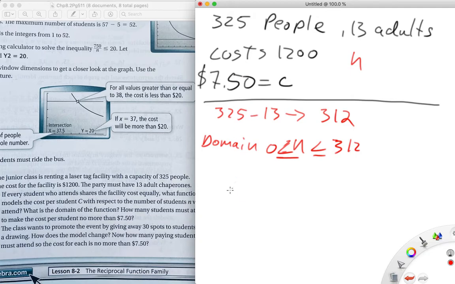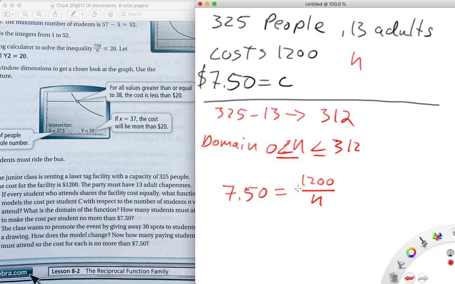I want to pay $750 per student. It costs $1,200 for the whole event over the number of students that I have. I don't know what that is. All right. So, how many students would I need to make 750 a possibility?